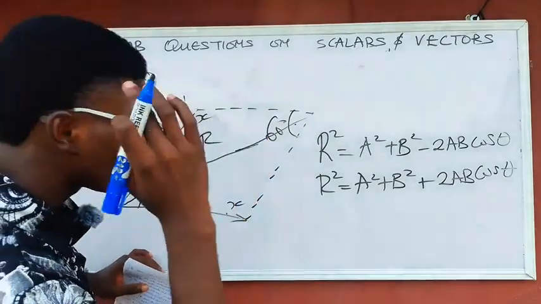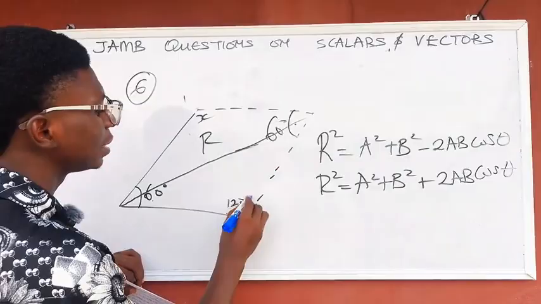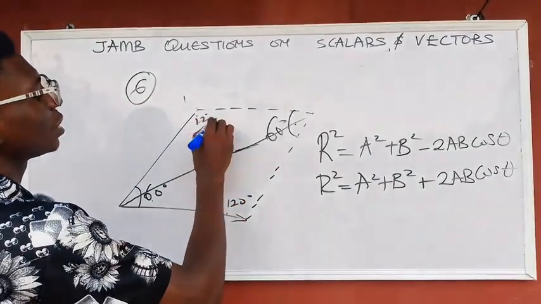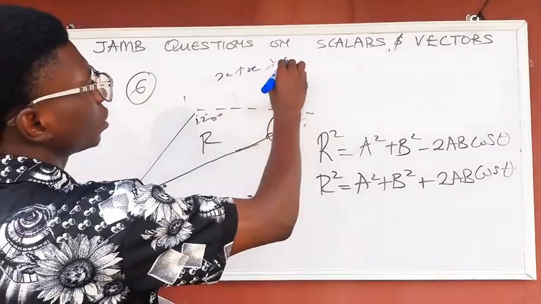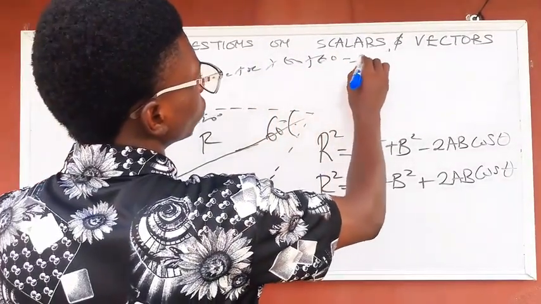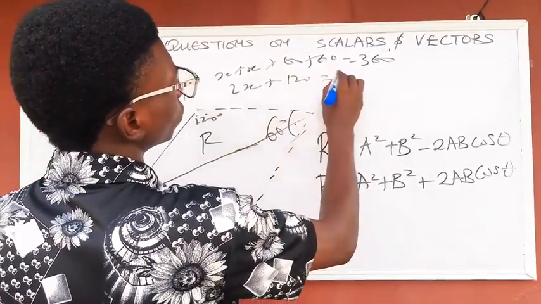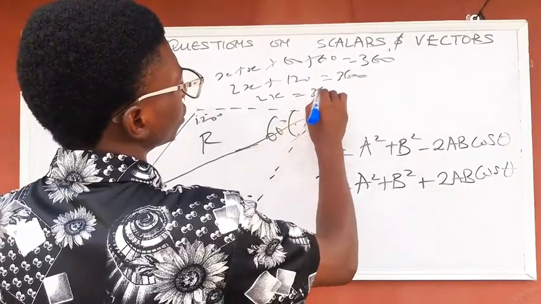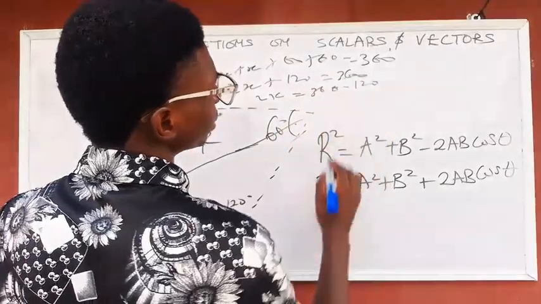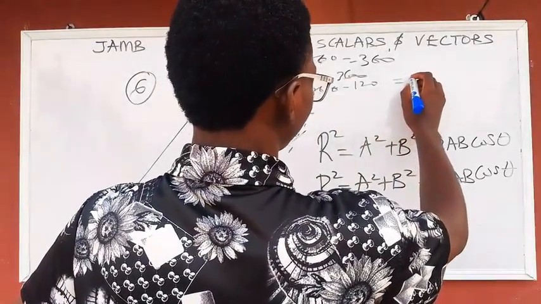With your wisdom, you should know that this angle will now be 120 degrees, and this one too will be 120 degrees, because 2x plus 120 equal to 360. That will be 2x equal to 360 minus 120. Rough calculation, that will now be what?